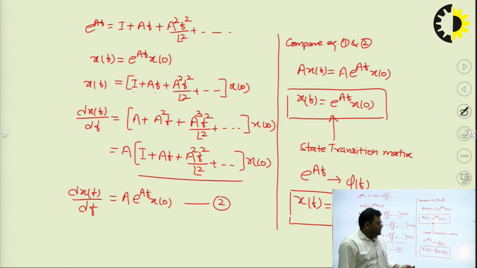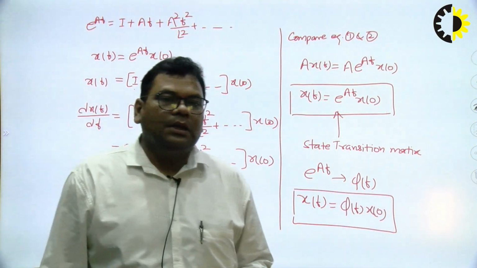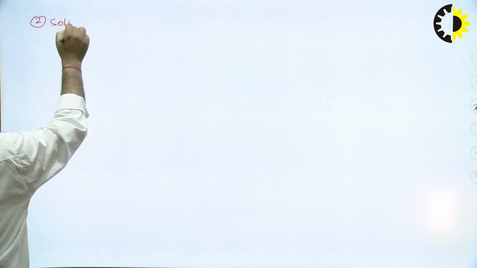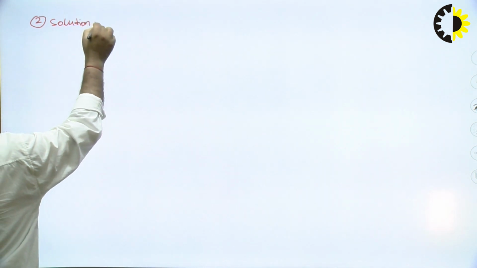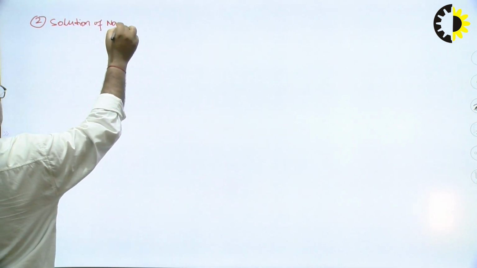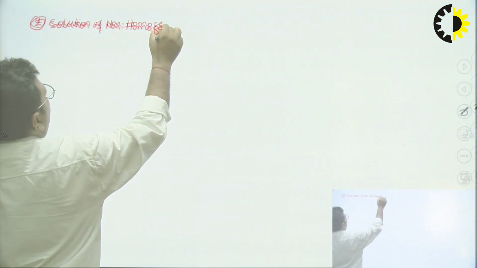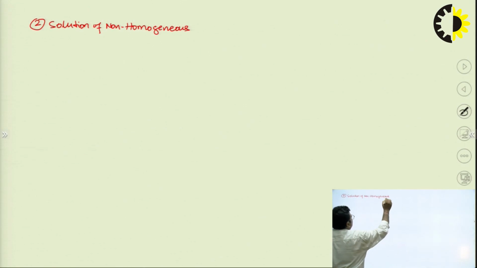Now in the second case we will take the non-homogeneous equation and then we will try to find its solution. The second case is the solution of the non-homogeneous state equation.